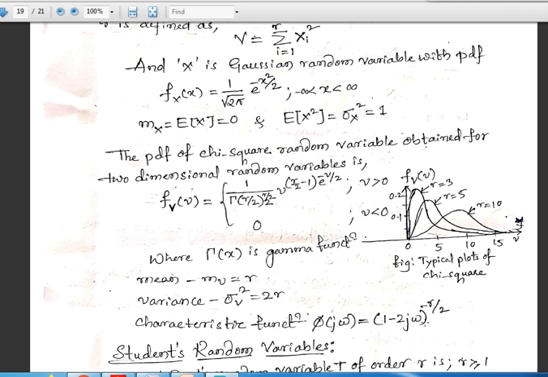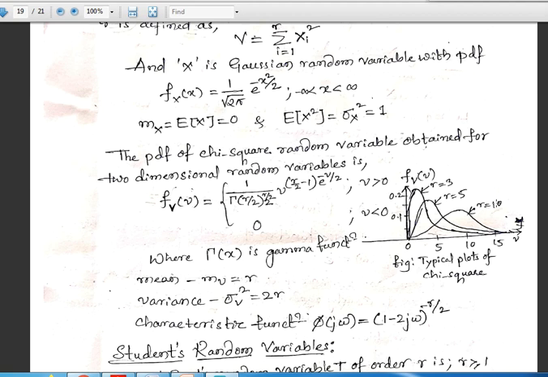The characteristic function is 1 minus 2 j omega raised to minus r by 2, and the waveform related to this chi-square is shown in this graph, where f_V(v), the PDF, runs in this fashion. As r is 3, we get the higher peak. As r becomes 5, the peak goes a bit lower, and even the rates of increase and decrease are slower.